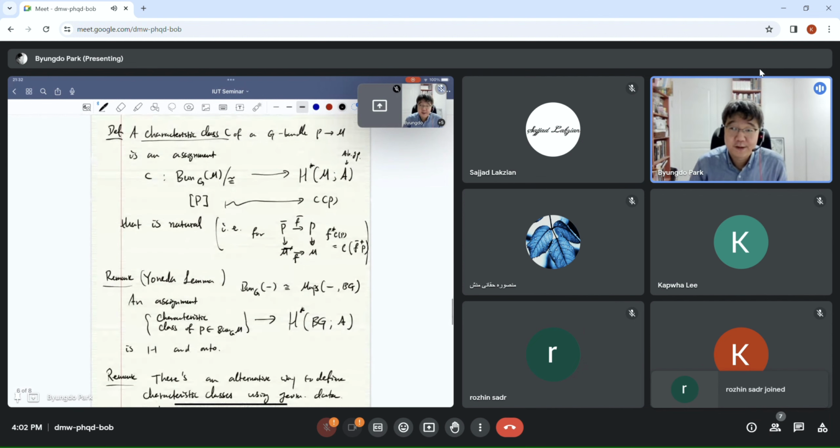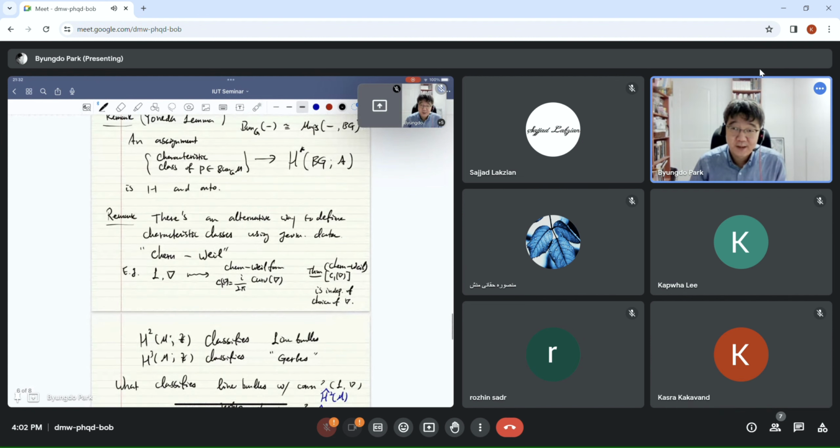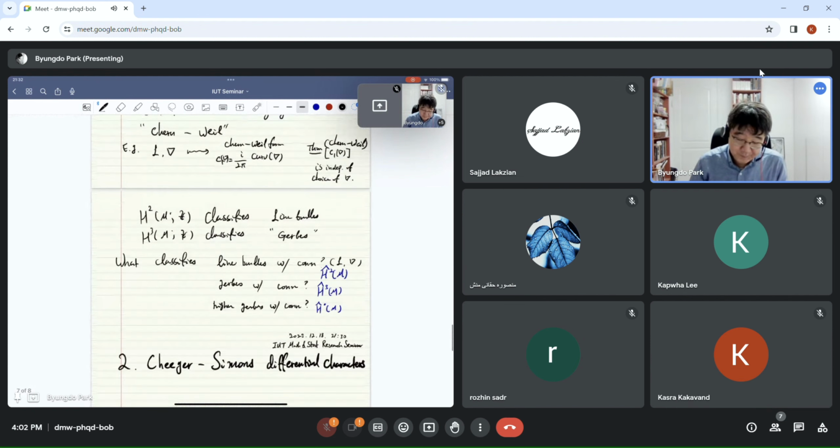Then there was a question last time, which was that degree 2 integral cohomology classes are represented by line bundles. So these are geometric cocycles representing cohomology classes.